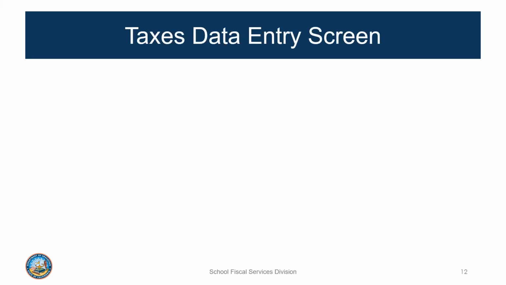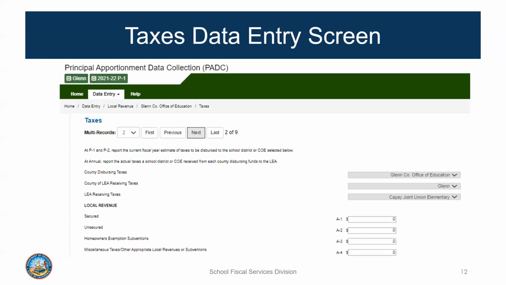Now, when users open the taxes screen in the PADC application, they will notice some changes in the format. This is a sample of just the top portion of this data entry screen. There is only one data entry tab, and it has preloaded records for school districts and COE.